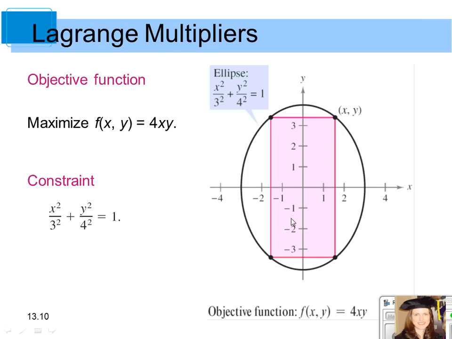And since there are 4 of those smaller pink rectangles that add up to one large rectangle, we see that our function that we're trying to maximize is 4xy. That's the total area of that pink shaded rectangle that's inscribed in that ellipse. And again, the constraint is that the point has to be on the ellipse that satisfies this equation.